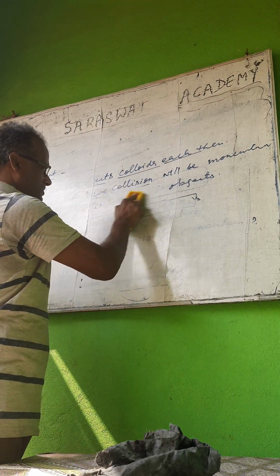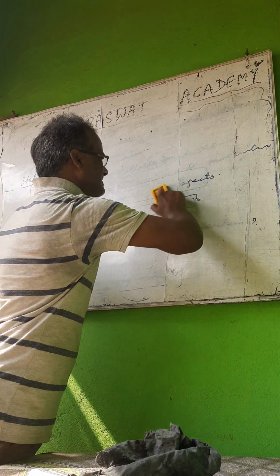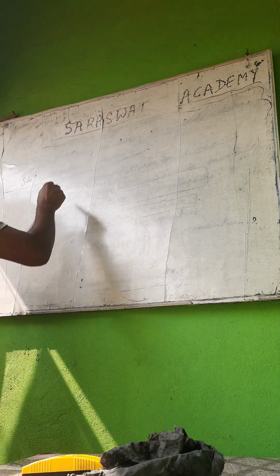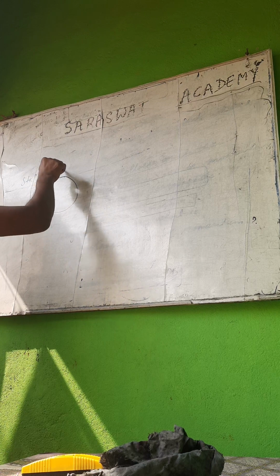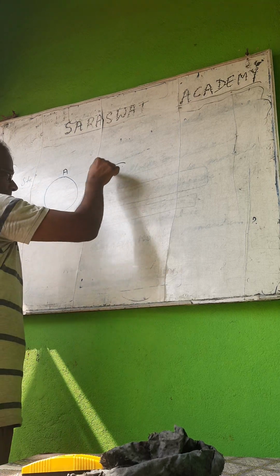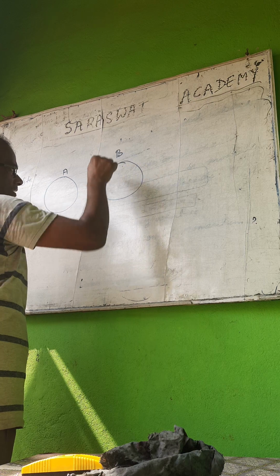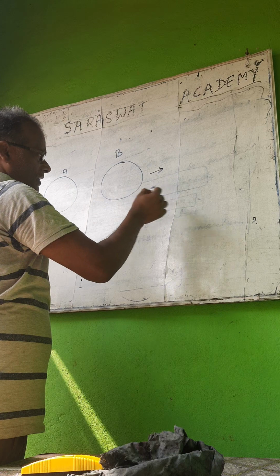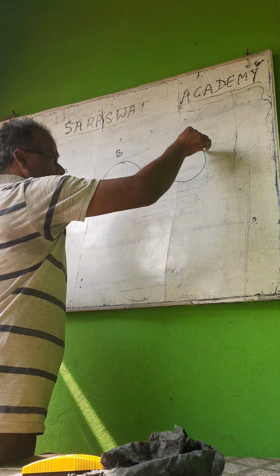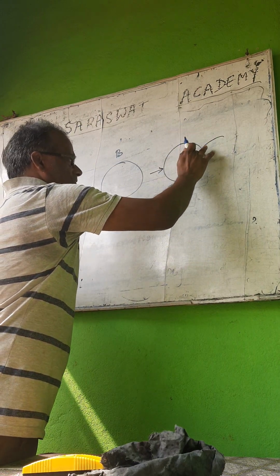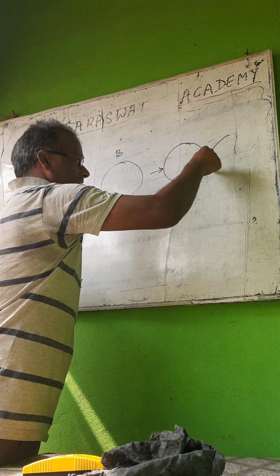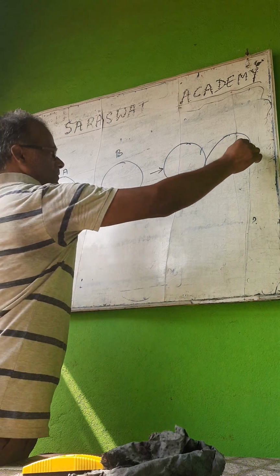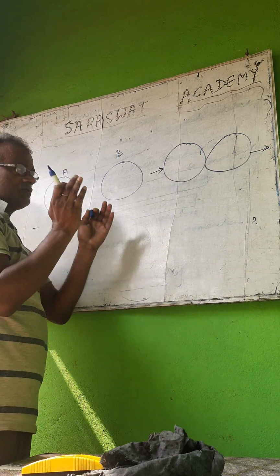In the second step we draw diagrams such as: A is an object, another object is B. This is the before collision situation, and after some time the objects come into contact.